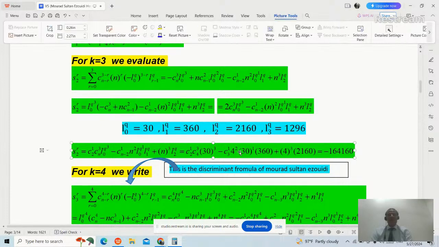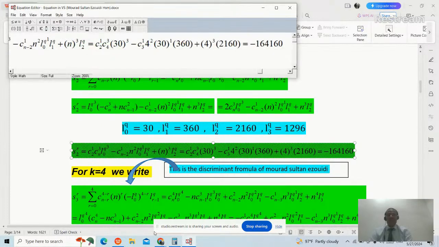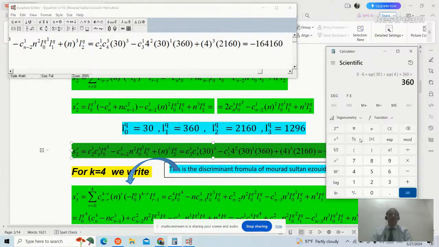Now, learners, I will use my calculator and try to calculate the value of S2, using the coefficients of the polynomial that has the highest power 4. I will erase this one. I will write 2 times combination 4 choose 3, that is 2 times 4, multiplied by the cube of 30.